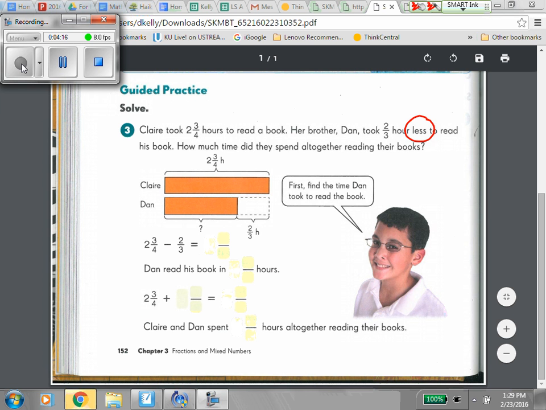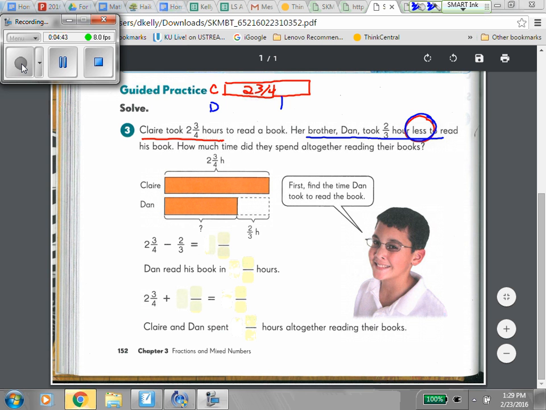So let's take a look at the problem. I'm going to underline some key facts here. Claire took 2 3/4 hours to read a book. So I'm going to represent that in the bar, and I'm going to put a C for Claire. She spent 2 3/4 hours to read a book. Her brother Dan took 2/3 hour less to read his book. So this is Dan.